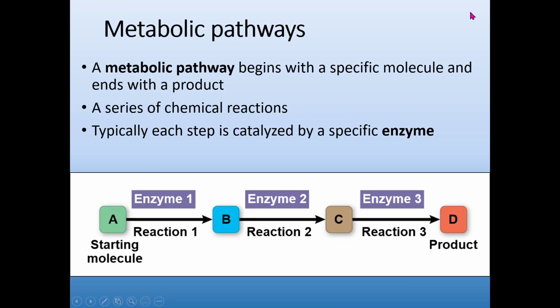Your metabolism operates in different types of pathways. Any pathway, we'll get to the specifics, but any metabolic pathway begins with a specific molecule, that would be your reactant in those reactions, and a product, so the end point. However, metabolic pathways are not A to B. They're usually A to B to C to D to F. There's multiple steps along a singular metabolic pathway.